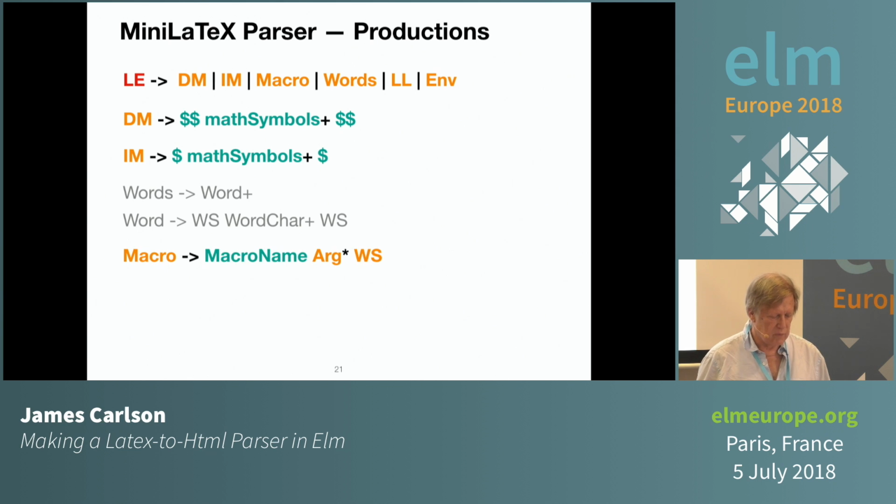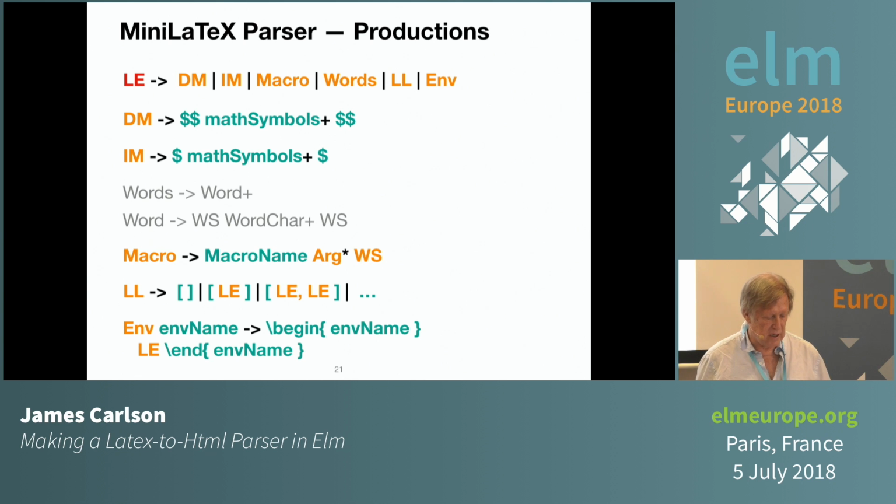Words, okay, we can do that. A macro, like \strong curly brackets Newton, consists of the macro name and 0 or more arguments. A LaTeX list is a list possibly empty of LaTeX expressions. And last is the environment production. And it's different from the others. You notice that because it has 2 colors on the left.